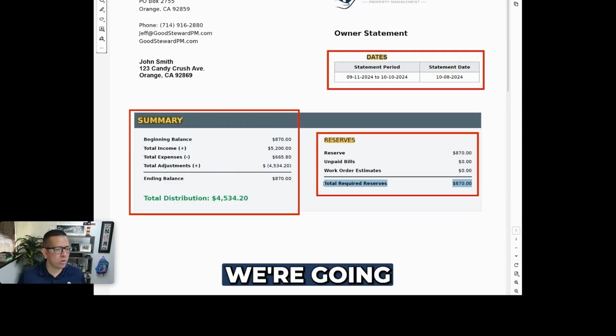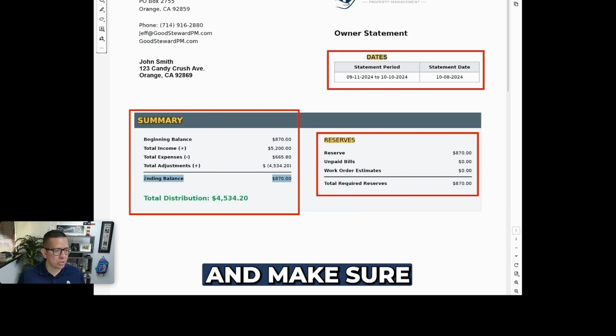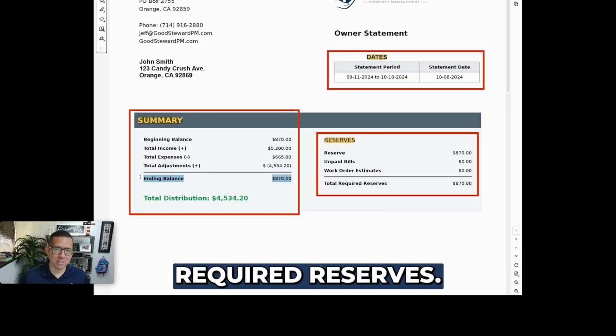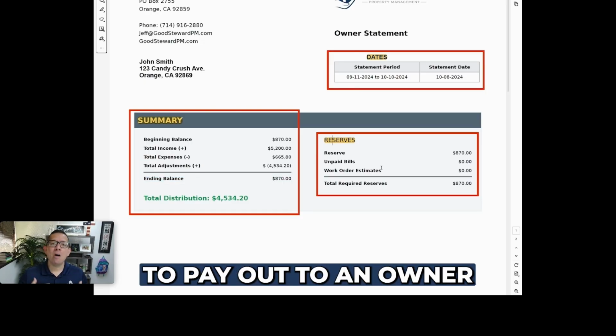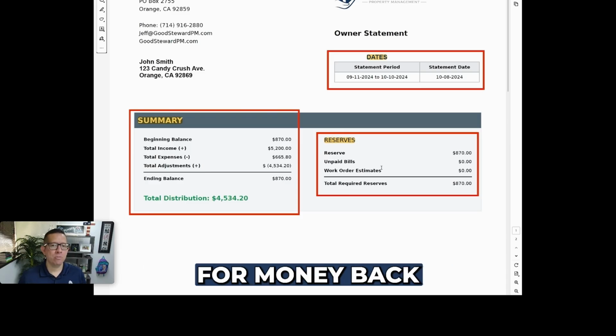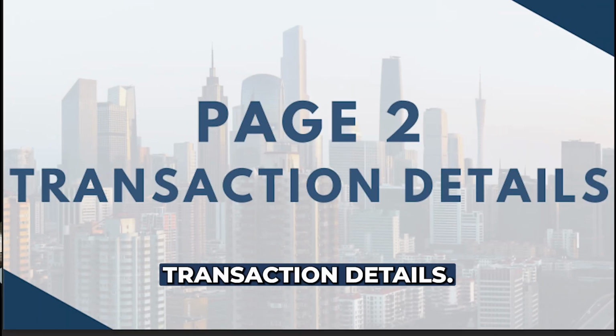For that number, we're going to take a look at the ending balance and make sure that this number equals the total required reserves. It doesn't make sense to pay out an owner distribution only to have to ask for money back and have the owner fund the account for any unpaid bills or work order estimates. Let's move on to page 2, transaction details.